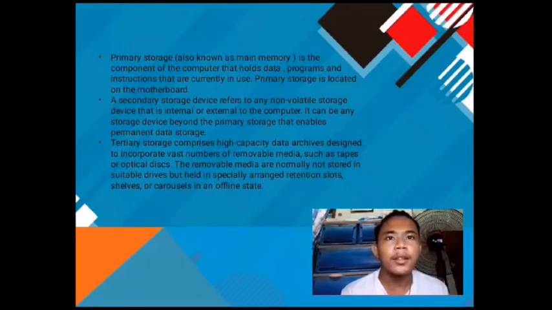Tertiary storage comprises high-capacity data archives designed to incorporate vast numbers of removable media such as types of optical disc. The removable media are normally not stored in the suitable devices, but held in specially arranged retention slots, shelves, or carousels in an offline state.